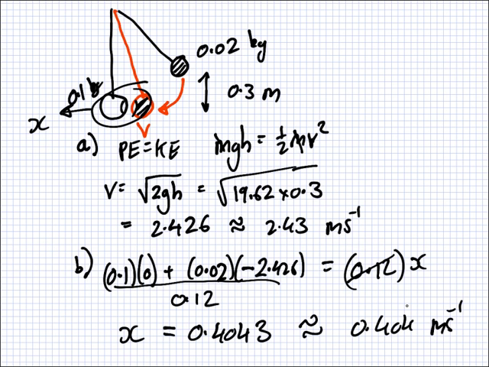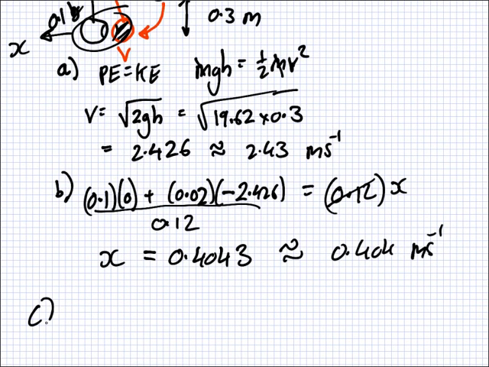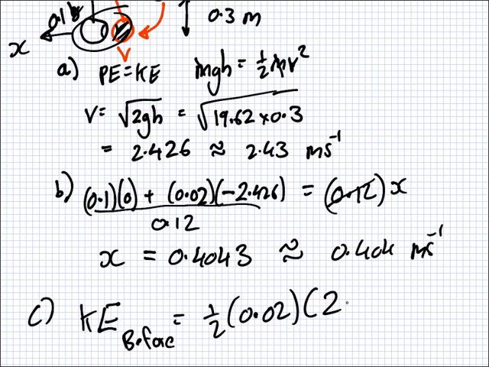Okay, next, see how much kinetic energy is lost. Let's do this one quickly. The kinetic energy just before the collision, so before, there's only one thing that's moving, isn't there? The 20 grams. A half mv squared. When you're ready, tell me that.